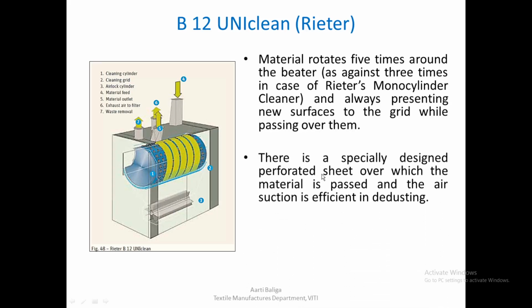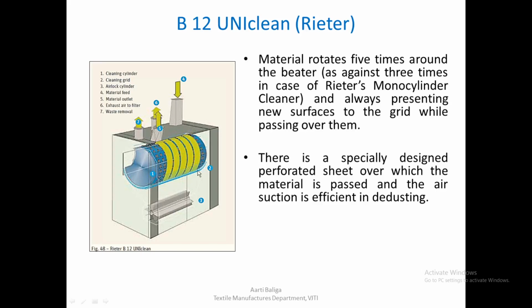There is a specially designed perforated sheet over which the material is passed, and the air suction is efficient in dedusting. So another feature that has been added in this particular machine is that there is a perforated sheet over which the material is passed while entering. We shall see that again in the video. And there is an air suction which is very efficient in removing dust from this material.